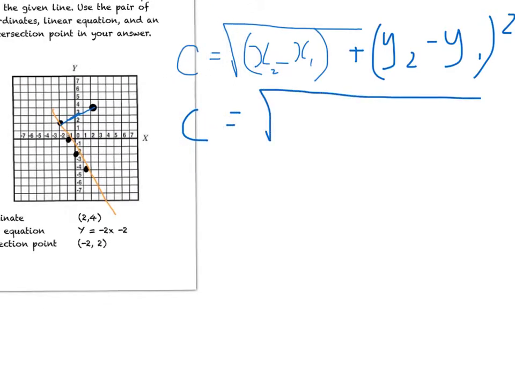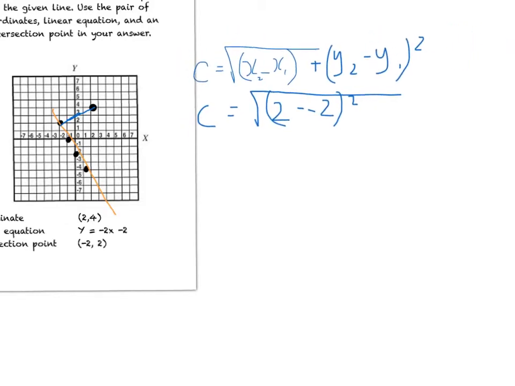So square root again, 2 minus negative 2, all squared, plus the difference in our y coordinates, which we have 2 and 4. If we're going to go in the same order though, we would do the 4 first and then the 2 second.